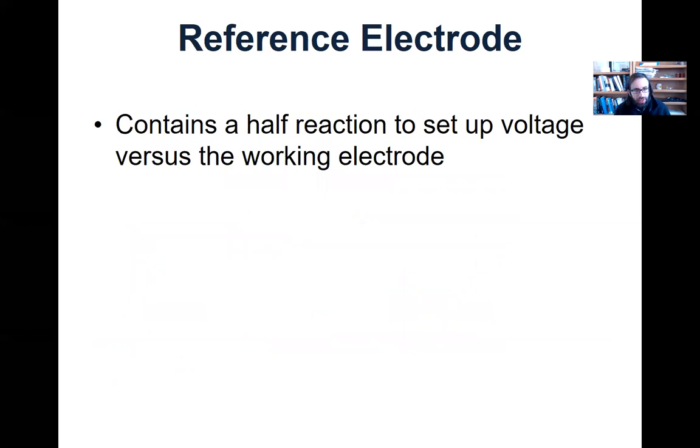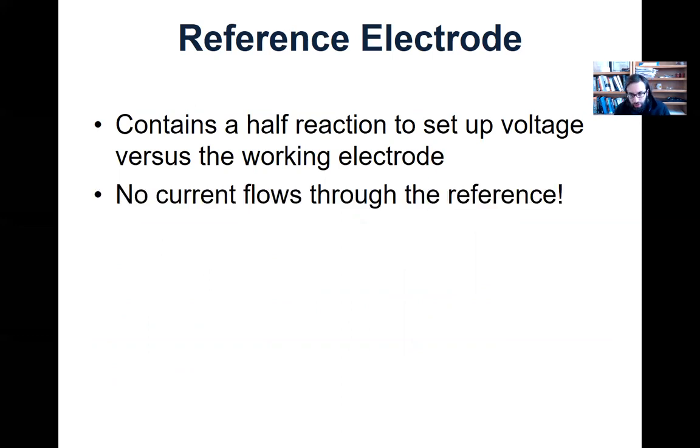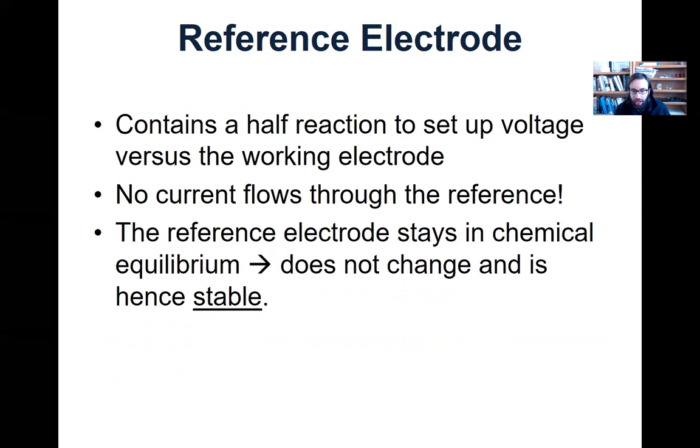What's the purpose of the reference electrode? That contains a half reaction of its own to set up voltage versus the working electrode. No current flows through the reference electrode. The reason is because if you flow current through the reference electrode, then you're changing that reaction, right? And it's not a stable reference anymore.